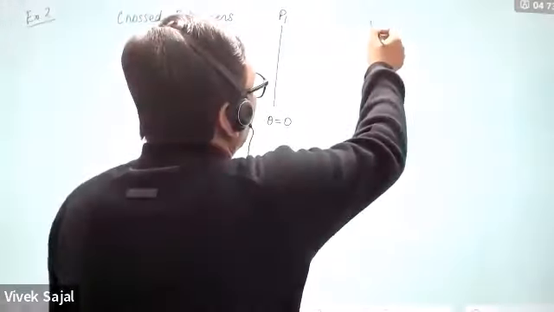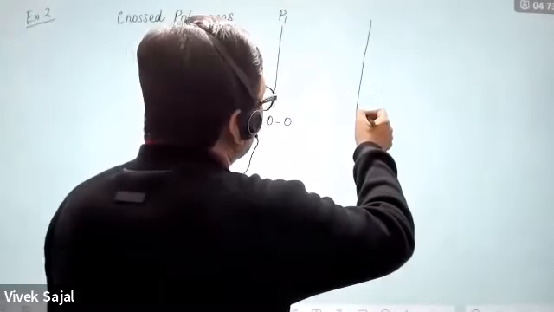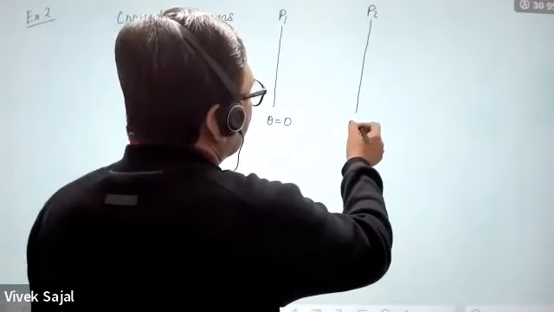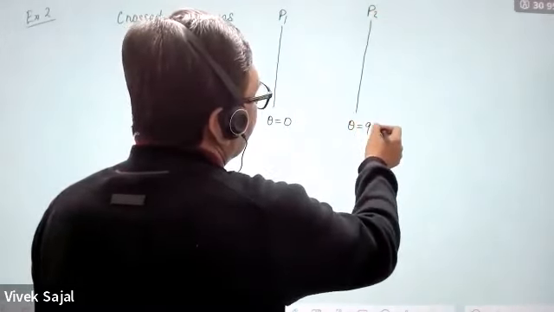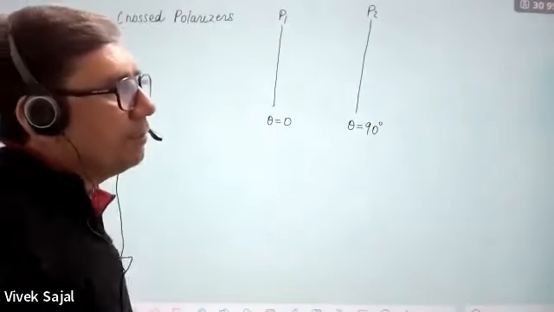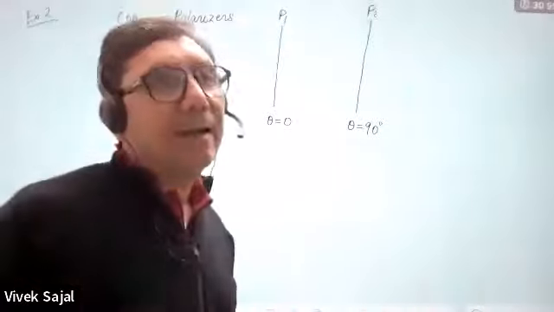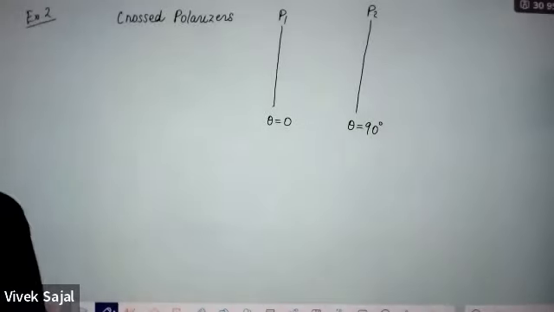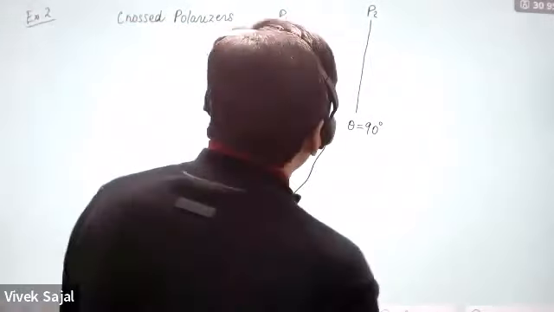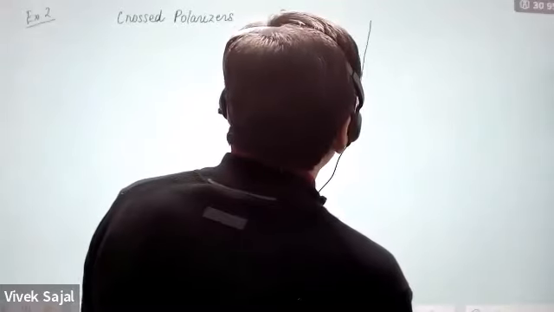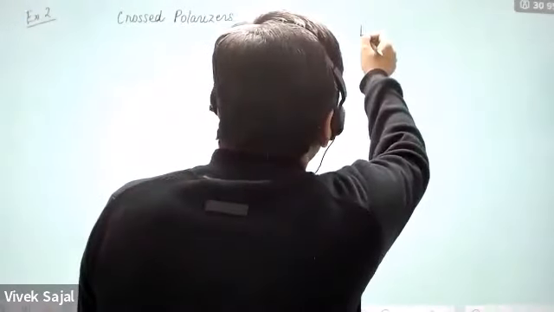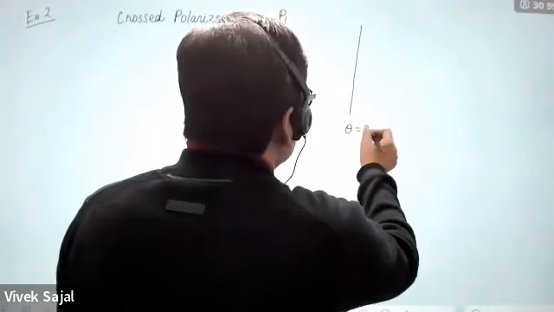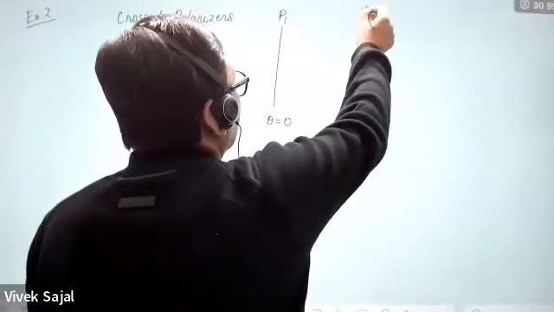And if you place a second polarizer here, this is P2, in such a way that its pass axis is at 90 degrees. If the angle between the pass axes of two parallel polarizers is 90 degrees, then they are known as crossed polarizers. They should be parallel actually. So theta equal to 90 degrees and they are parallel polarizers.